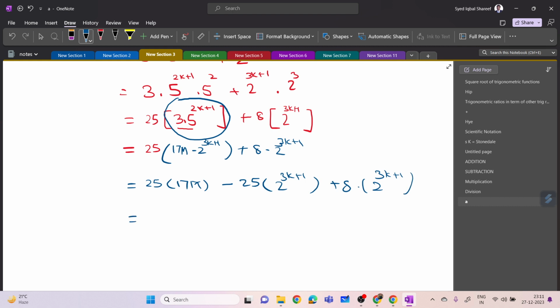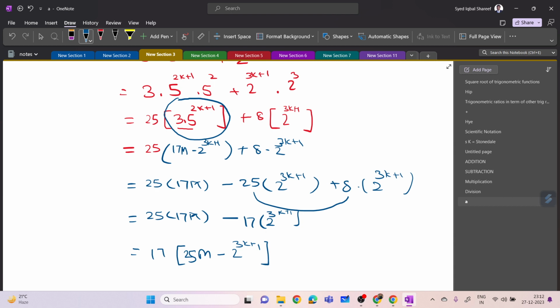So this is 25 into 17m minus 17 into 2 to the power of 3k plus 1. If you take 17 common, it is 17 times 25m minus 2 to the power of 3k plus 1.